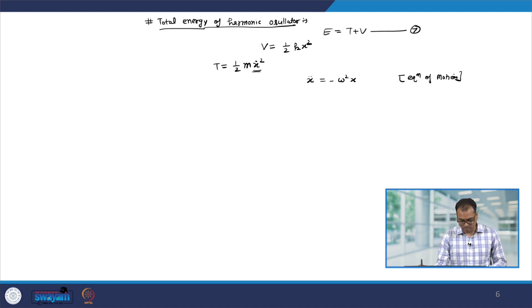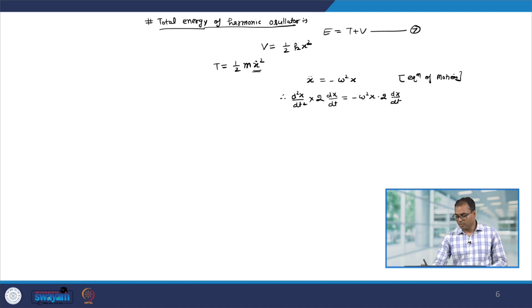Let us multiply this equation of motion by 2 x dot. So, x double dot is nothing but d2x over dt square, and we are multiplying it by 2 dx by dt, equal to minus omega square x into 2 dx by dt.